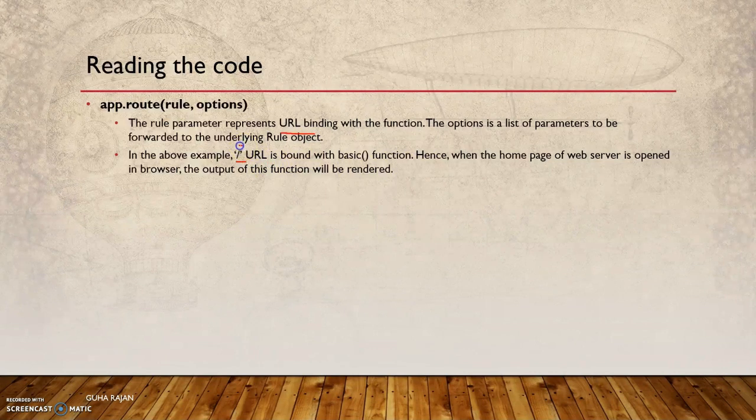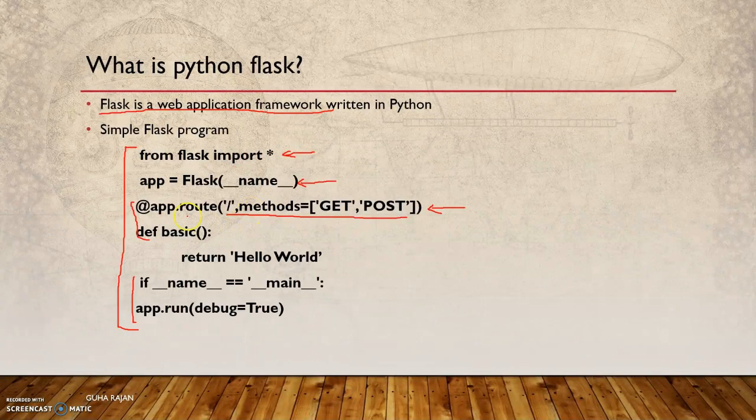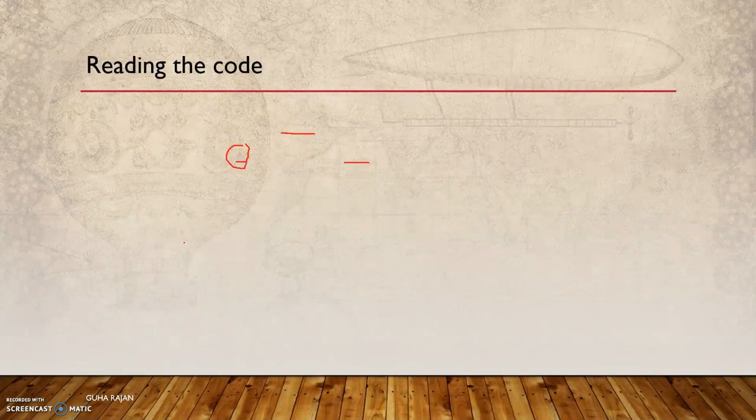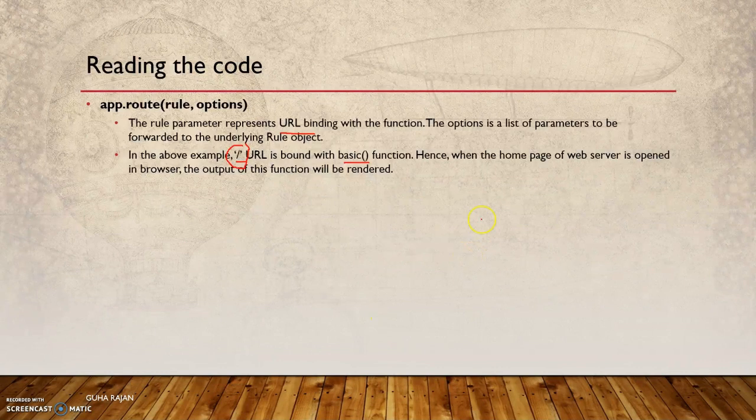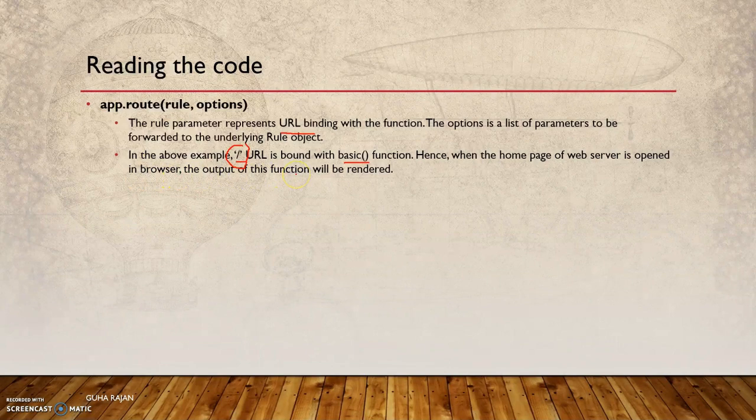As I said, it is bound to the basic function provided here. Hence, when the home page of the web server is opened in the browser, the output of the function will be rendered. In that case, it is just hello world.